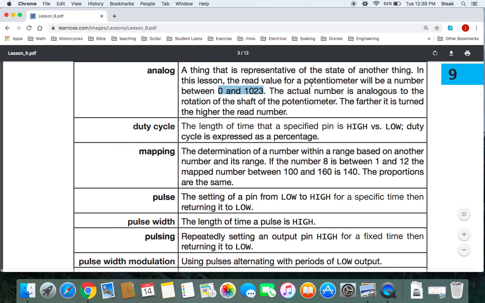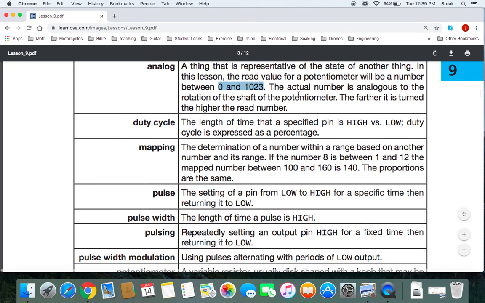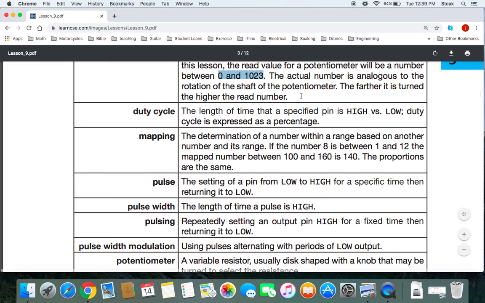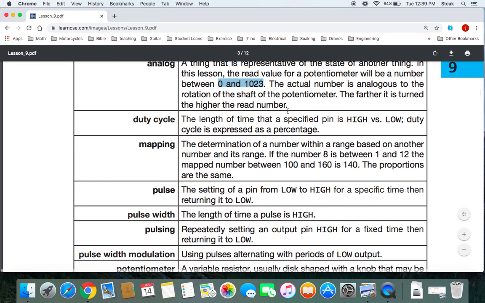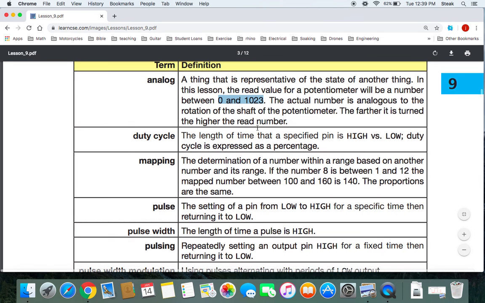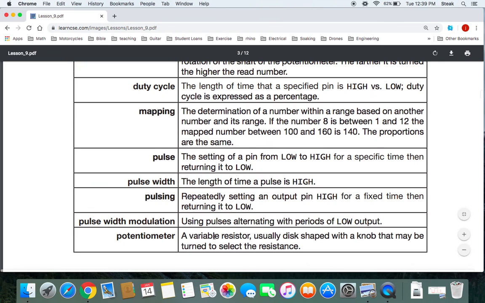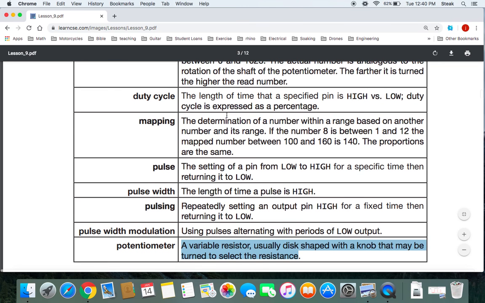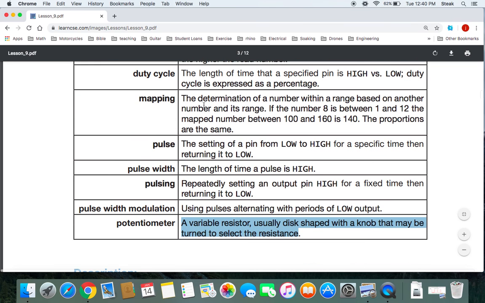It can be used to make a LED go brighter or dimmer, and it could also be used as a variable resistor. Okay, and it talks about that down here. See, potentiometer, a variable resistor that can be turned to select the resistance, make LED go brighter or dimmer. And it can also be used with an analog input pin, which is what this whole thing is about.